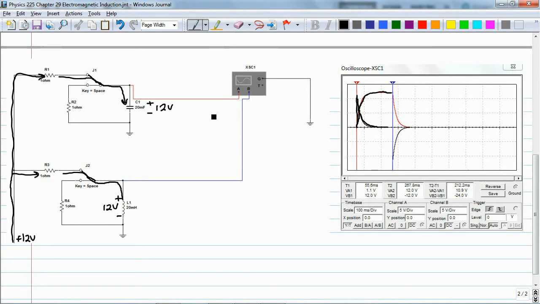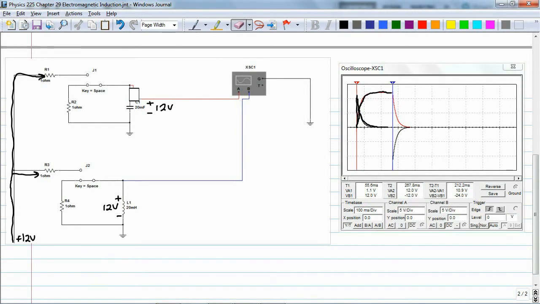Now, when I go to discharge, well, let me erase a few things here. So now we close the switch, and for the capacitor, when I close the switch, well, this 12 volt potential is across the capacitor.